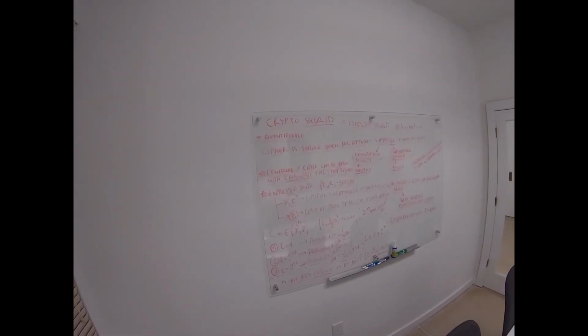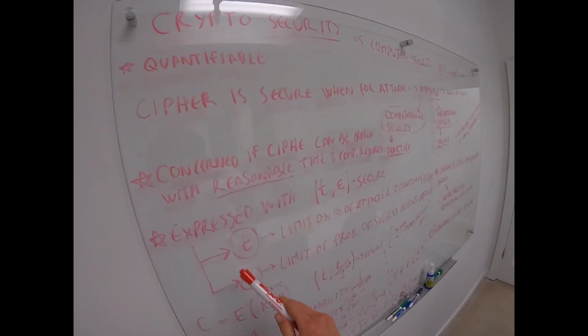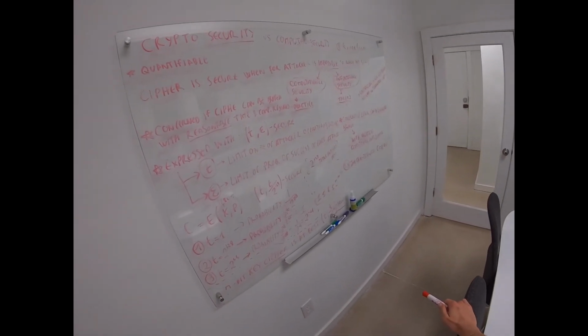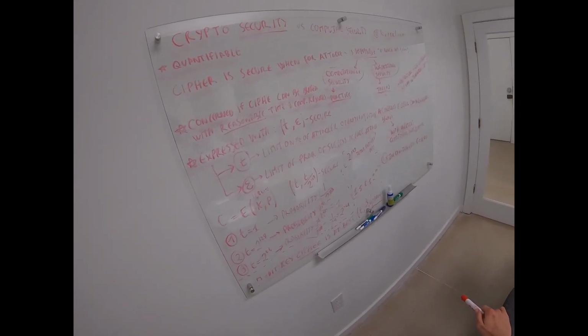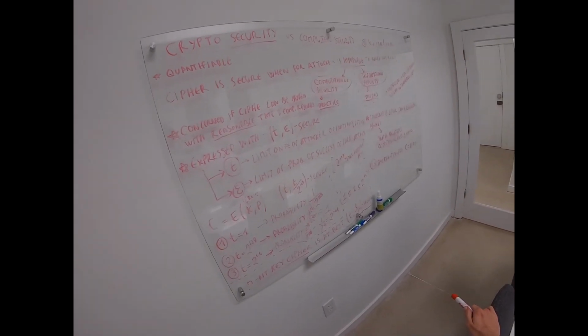Then we saw how we can express computational security using two variables, the operations and the probability of success.